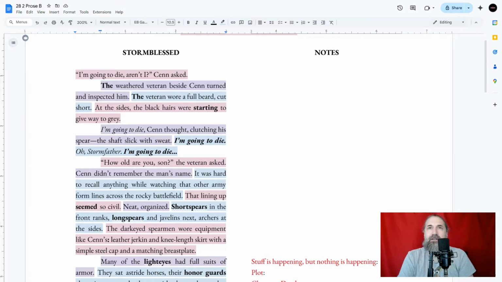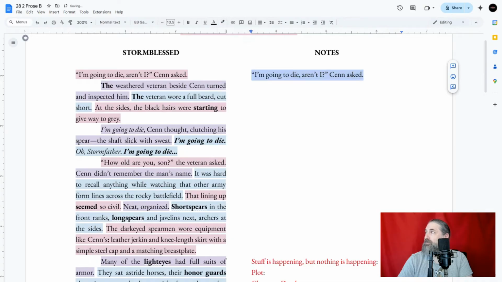Shen asked the weathered veteran beside him, but now this is from the POV of the sword boy, right? So an example of this might be, let me just write this right here. Okay. Am I going to die?